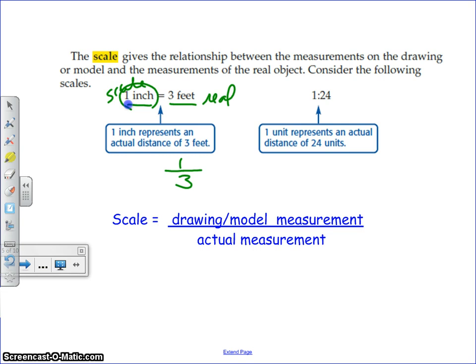It could be written like that, meaning 1 unit represents a distance of 24 units. So say 1 inch on the drawing actually represents 24 miles. Remember, scale is the drawing or the model measurement over the actual measurement. And we're going to be working with that ratio in this.